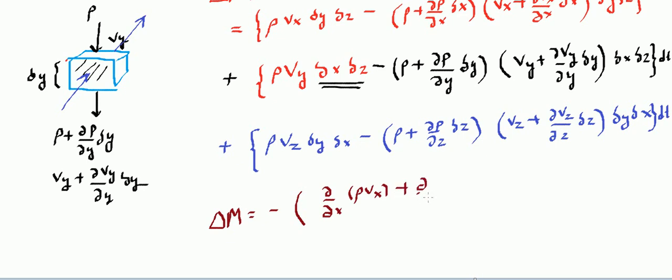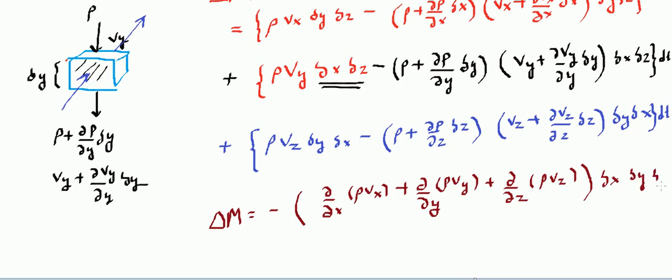Plus d by dy of rho vy, and for the z direction we get d by dz of rho vz, multiplied with delta x, delta y, delta z, and there will be delta t.